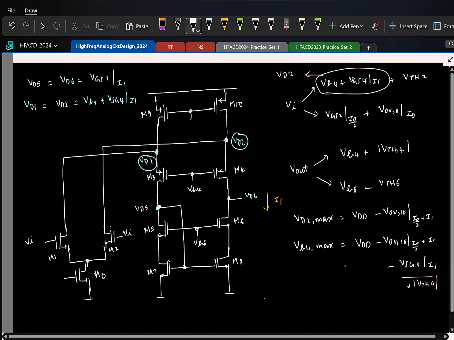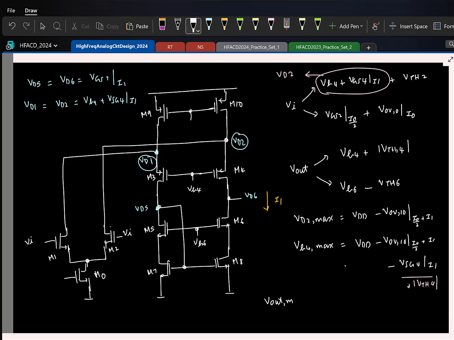So I can simplify the output max as VDD minus overdrive of M10 at a current of I0 by 2 plus I1, minus the overdrive of M4.